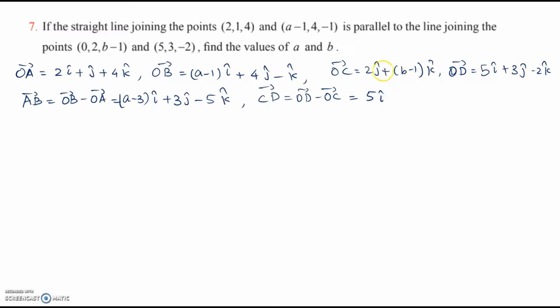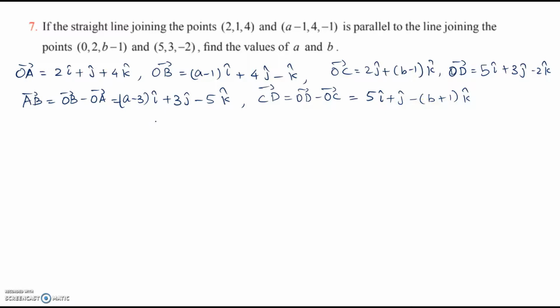Then 3 minus 2 will be plus j cap, minus 2 minus b plus 1, so minus 2 plus 1 will be minus 1, so you will get minus b plus 1 k cap.